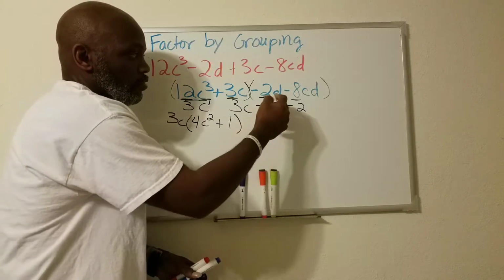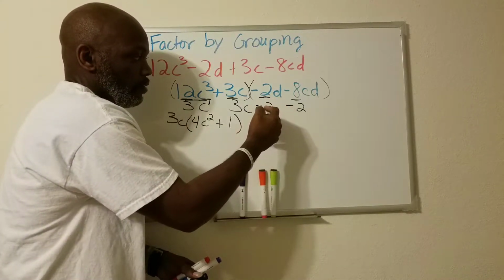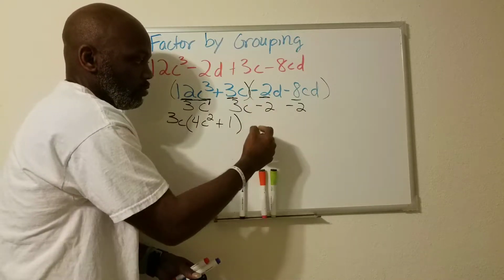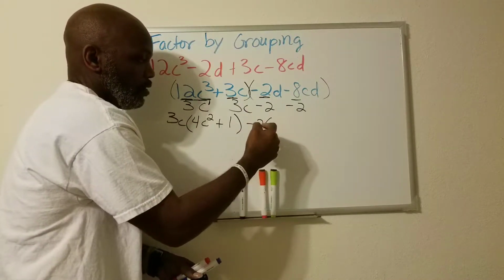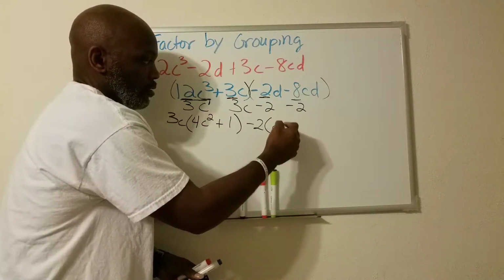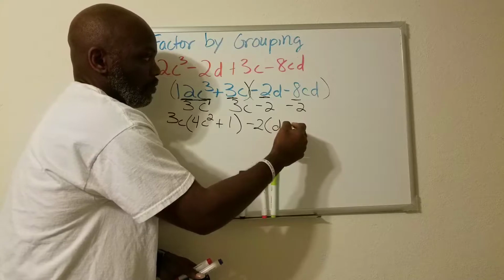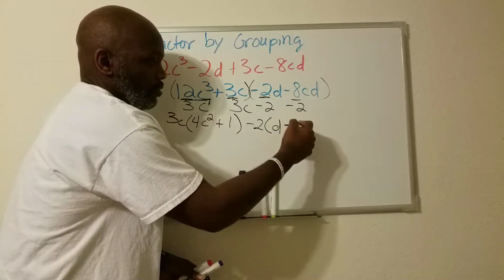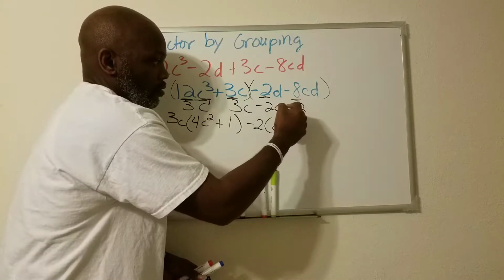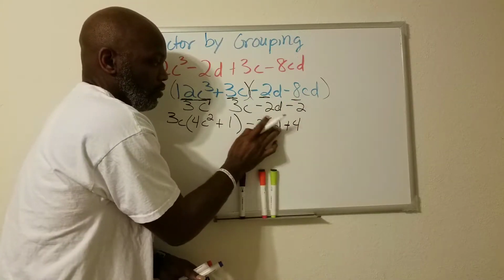So what are we going to have here? We have -2 and we're left with d, then minus or plus 4. I'm sorry, 2d. There we go.